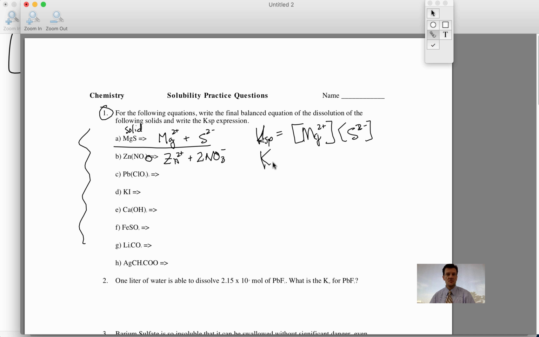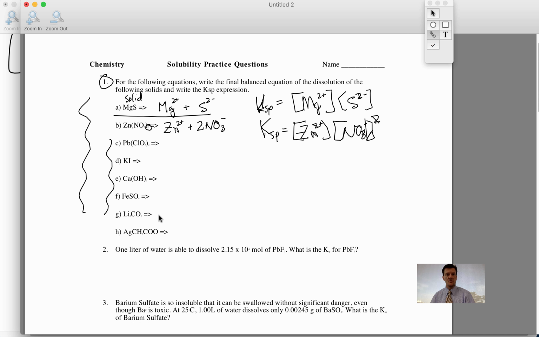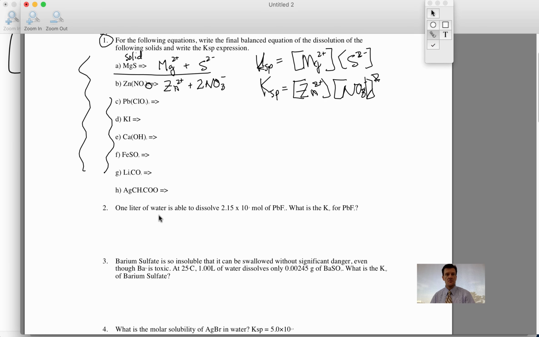So this KSP expression is going to be the concentration of the zinc ion times the concentration of the nitrate ion, squared. Apologize for how messy that is. Okay, so you try these and see if you can figure out how to write both the balanced equation and the KSP value.